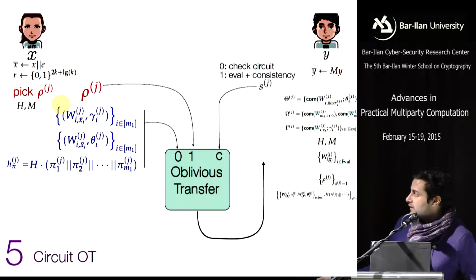So these are the gamma commitments and these are the theta commitments to Alice's input wires. In addition, he's going to get the evaluation of the hash function for all of those pi bits.